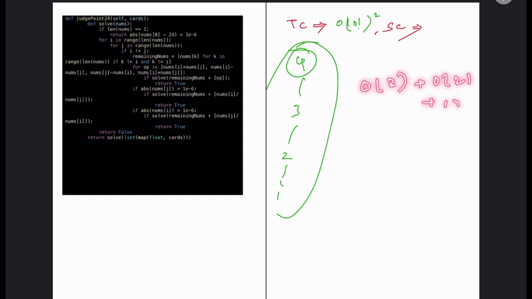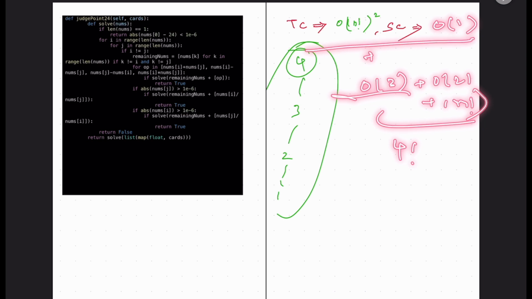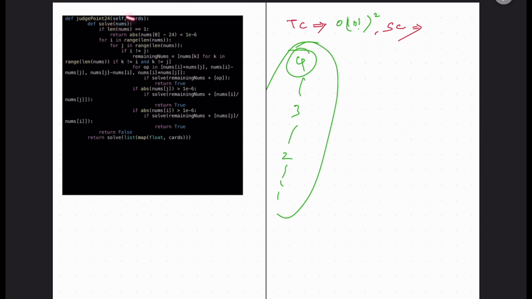So n factorial will be stored at the max, but since it's a constant, we can ignore that. There might also be stack space of order of n, because it's a recursion, so obviously we'll have the stack space. Yeah, I hope this makes sense.